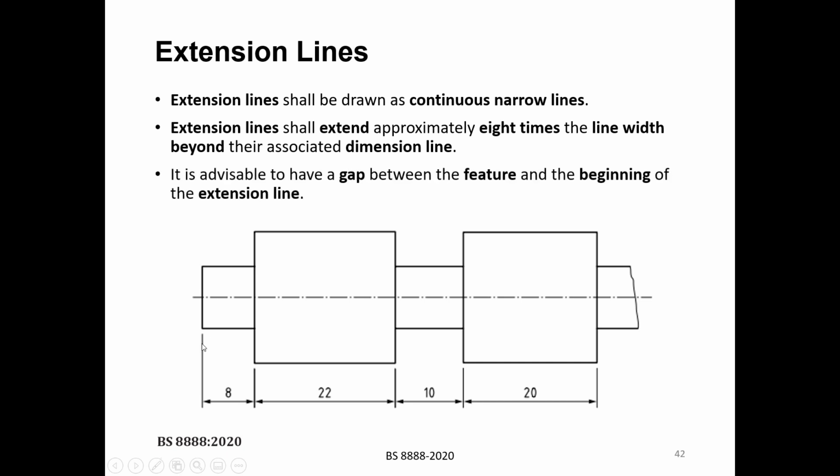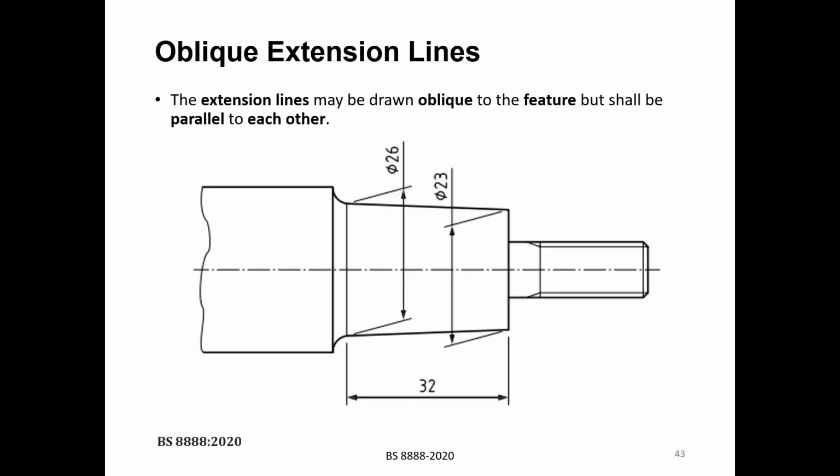Also, there should be a gap between the extension line and the feature itself. So it begins a little after the edge and doesn't touch it. You see, there is a small gap here, here, and here. So remember: it's a continuous narrow line, it should extend beyond the dimension line, and there should be a gap between the feature and the extension line.